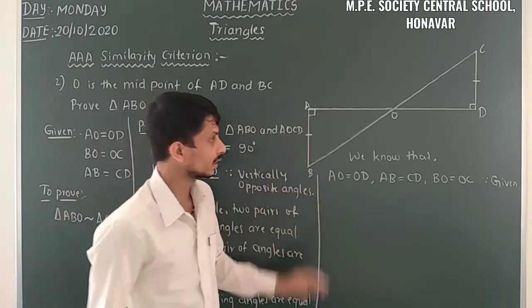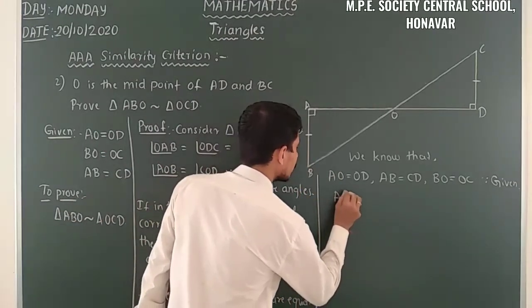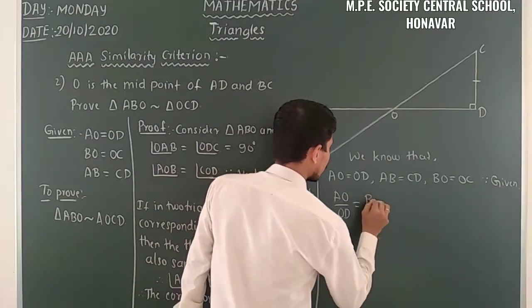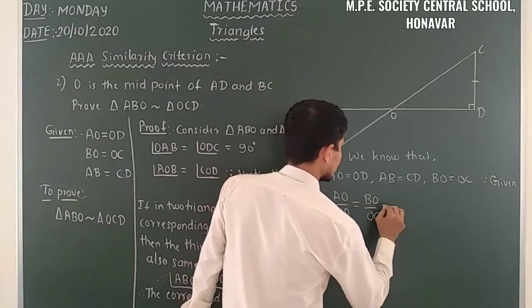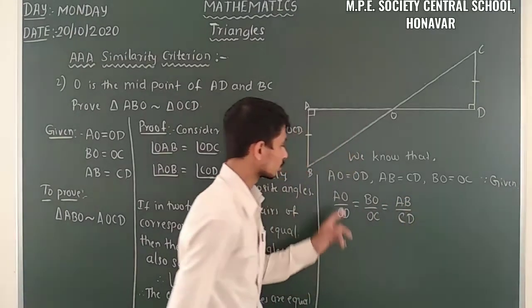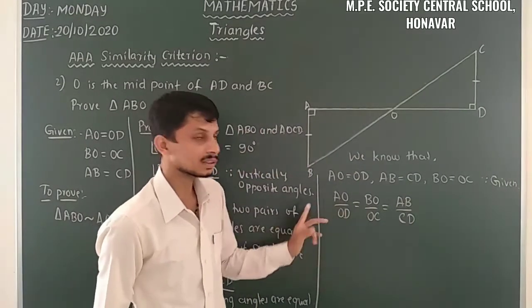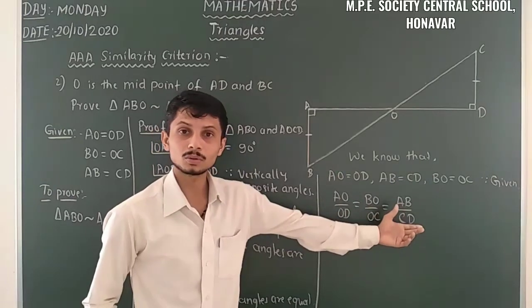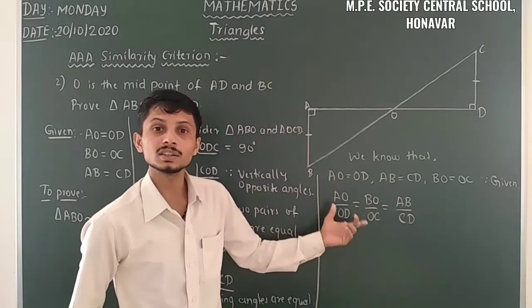That means we can take it as AO by OD is equal to BO by OC is equal to AB by CD. When we cancel, we get 1 by 1. All those ratios are in 1:1 ratio.